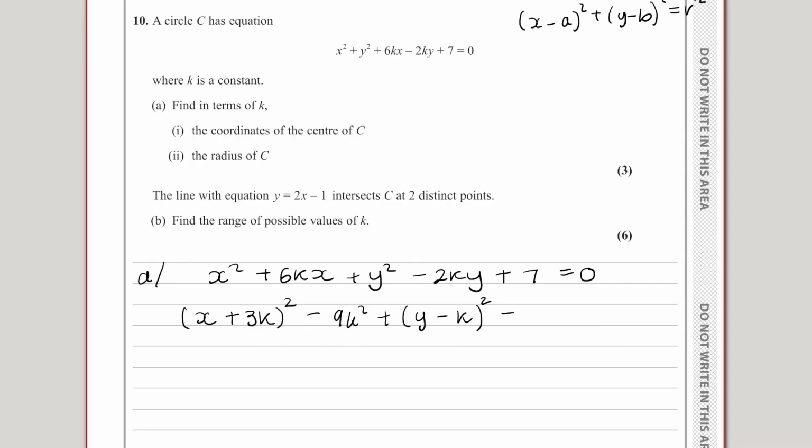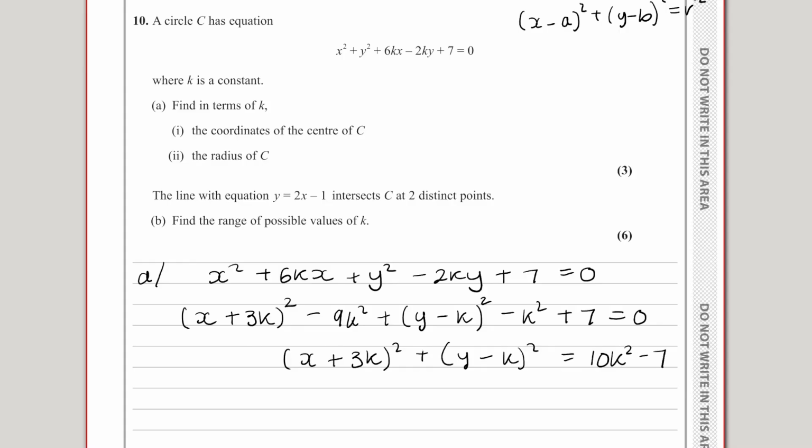And then minus k squared, plus 7 equals 0. Then moving all of our constants over to the other side. So I've got x plus 3k squared plus y minus k squared equals 10k squared minus 7.